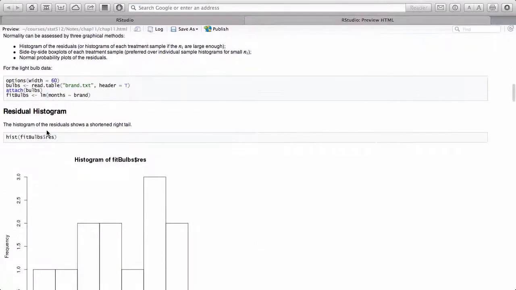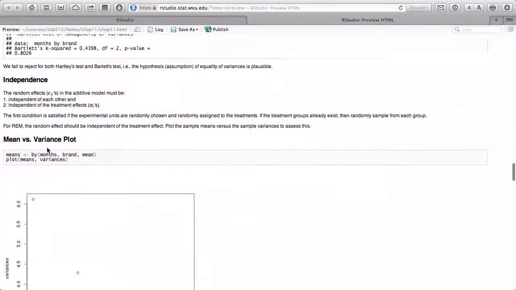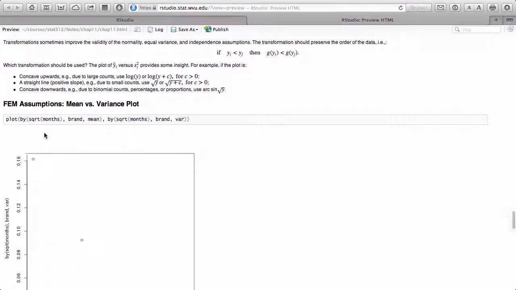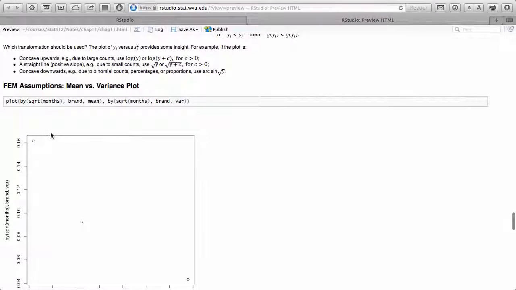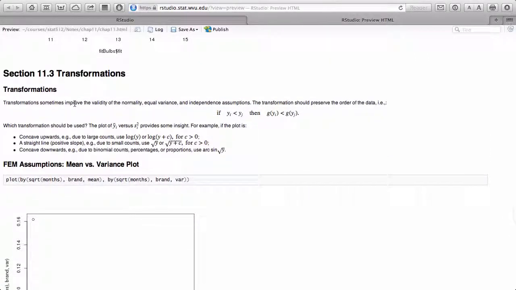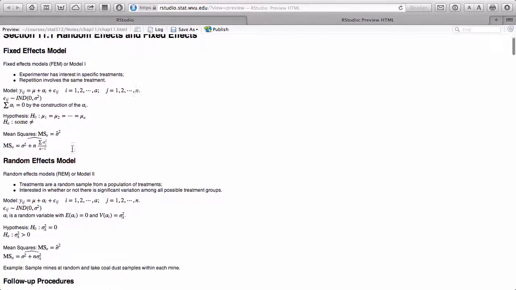So transformations, we could take a look at a simple one. Suppose we're looking at, where did I read this in? I think this is the light bulb example.